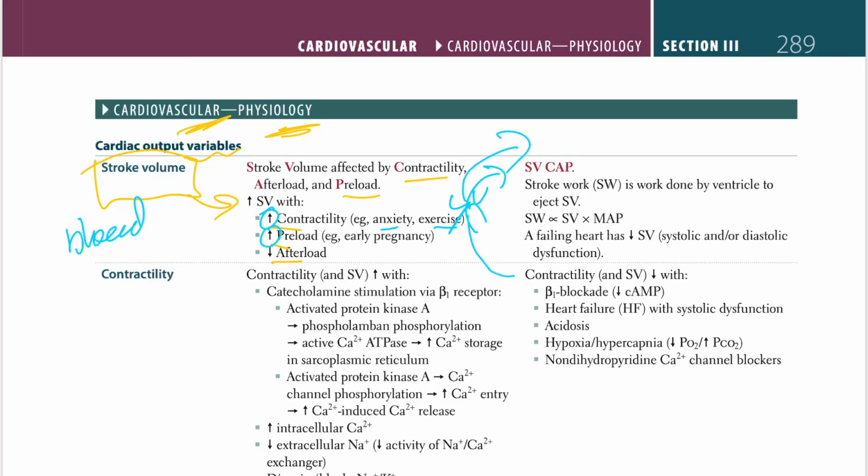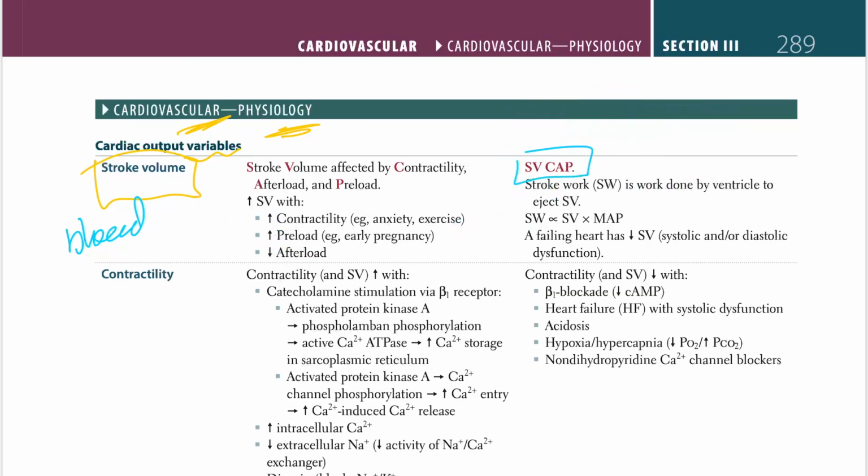Increase in preload, for example, in early pregnancy. Or a decrease in afterload, meaning you don't have a lot of resistance in the aorta or other systemic vessels, so it's a lot easier to push that fluid out into the aorta and all the systemic vessels because of the decrease in afterload.